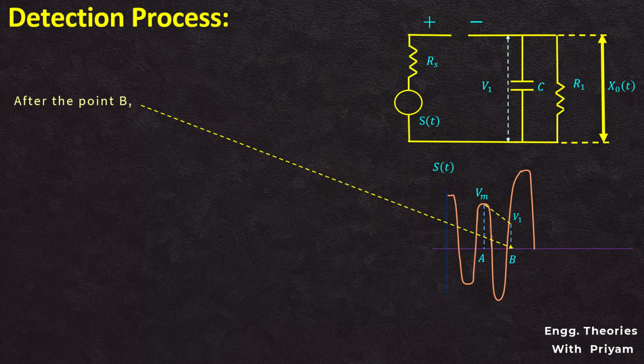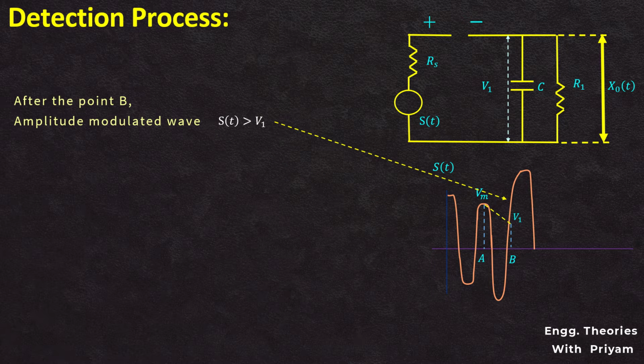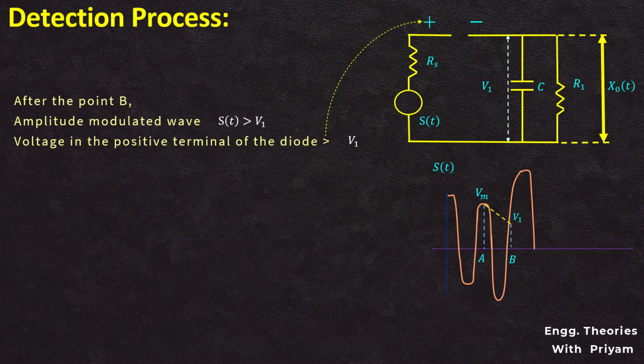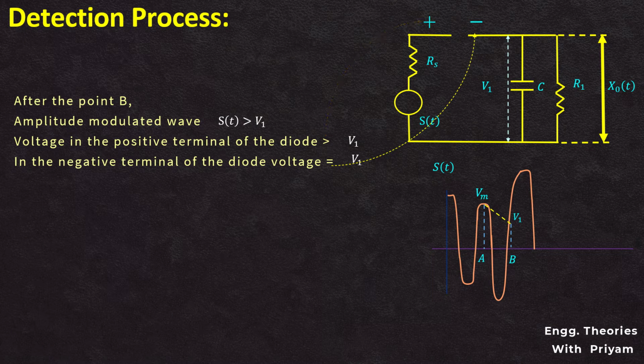Then the amplitude modulated signal ST will increase, and when ST is greater than the voltage V1, then the voltage at the positive terminal of the diode due to ST will be greater than V1, but the voltage at the negative terminal of the diode is equal to V1, same as the capacitor voltage.